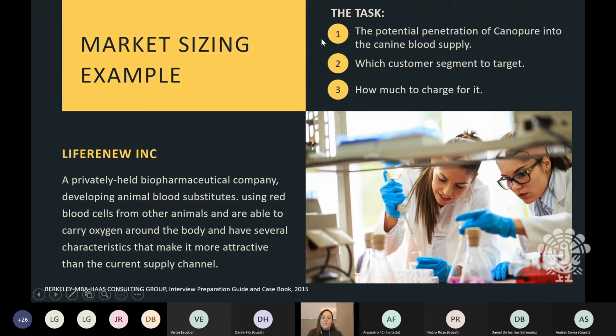This company wants to launch their product because they have reached a certain point in their maturity. They need to size their potential penetration of the blood supply, understand what customer segment they can target, and determine how much they can charge for their blood substitute.